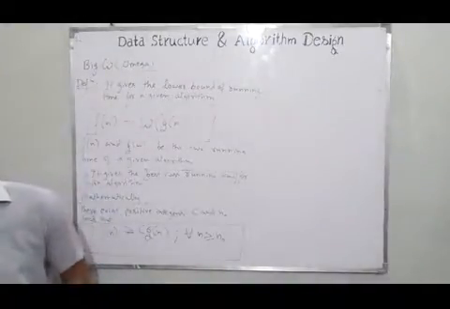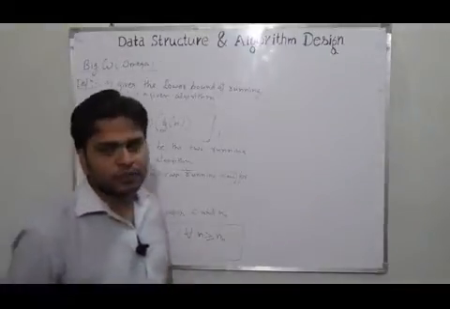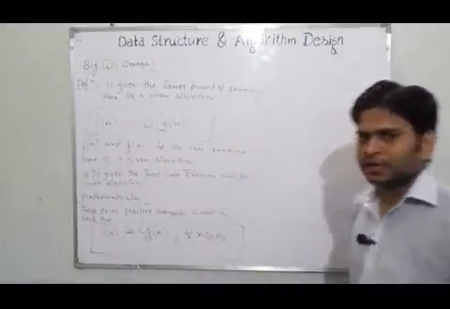We can represent this mathematical definition for the big omega asymptotic notation through a graph also.